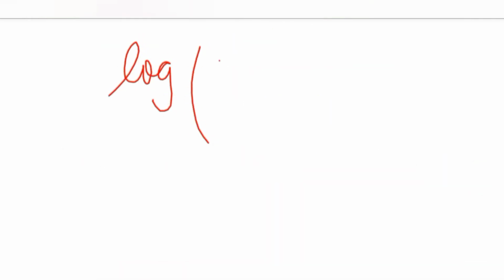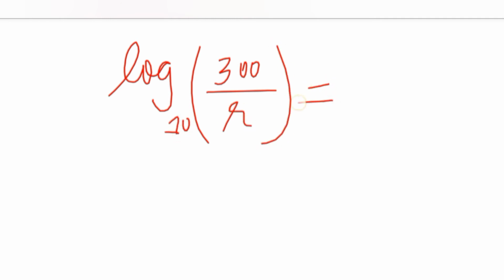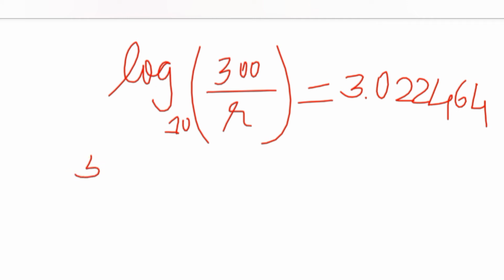log 300 upon R to the base 10 is equal to 3.022464. Next, you have to find out the antilog.